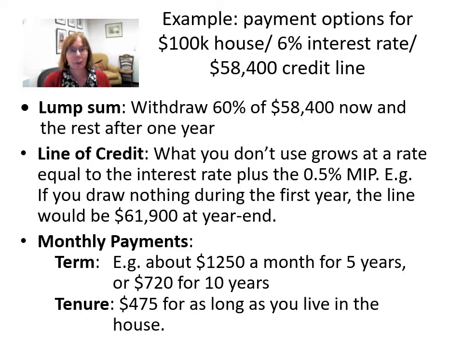Okay, here's an example with some actual numbers. So I began by imagining a $100,000 house, which was hard because the last one of those in New Jersey probably disappeared 20 years ago, but this is just an illustration. Now, I'm imagining this $100,000 house and a 6% interest rate, and I'm saying that the individual will be able to borrow $58,000 plus.